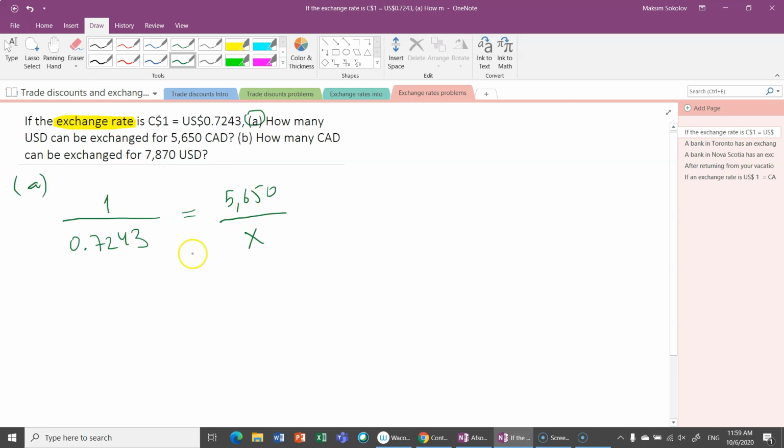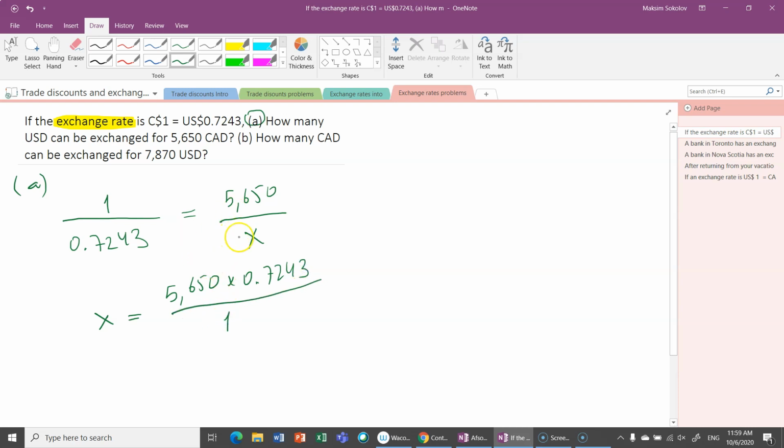So we basically built this equation here, right? 1 Canadian dollar to 0.7243 USD should be the same as 5,650 Canadian dollars to an unknown number of USDs. So from here, we will be finding our X, which is 5,650 times 0.7243 divided by 1, right?